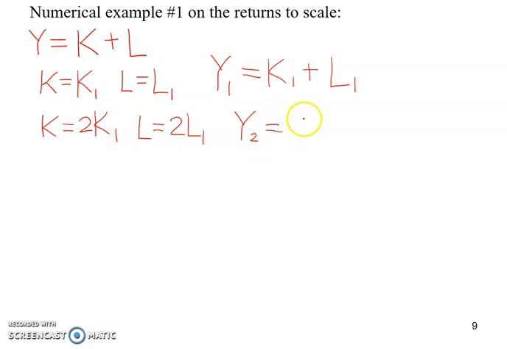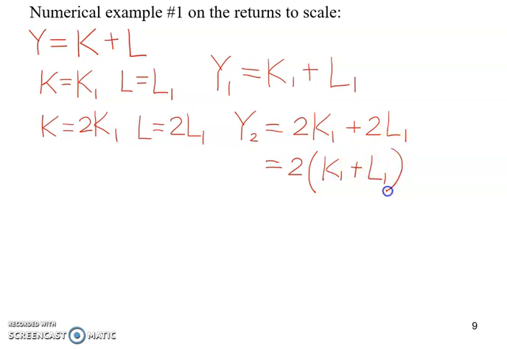So it's going to be 2K1 plus 2L1. Now we do a little math trick. We take the constant 2 out of the parentheses, so it's 2 times (K1 plus L1).